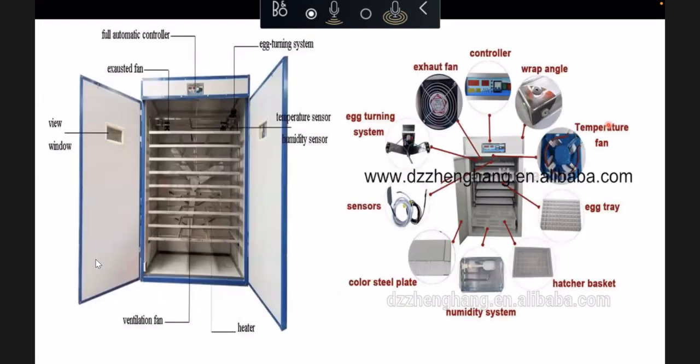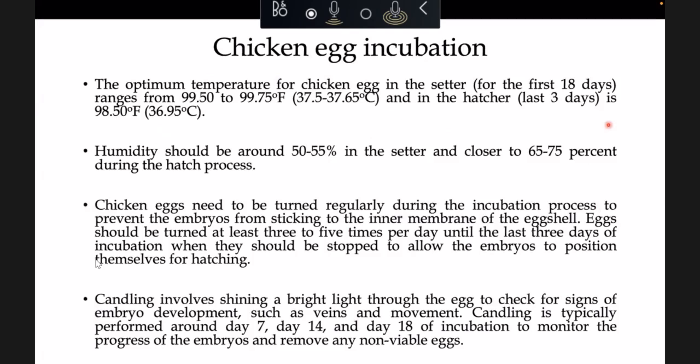These are the equipment, and lastly for this chapter is some information regarding chicken egg incubation. Now, depending on the species of birds, the incubation parameters will change, including the incubation period itself, the temperature required, the humidity required, etc. Everything will change.